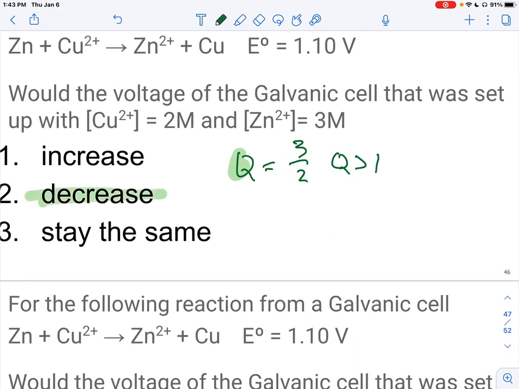You can also use the Nernst equation. If Q is greater than 1, the log is positive. So this right here stays negative, and this will be lower.